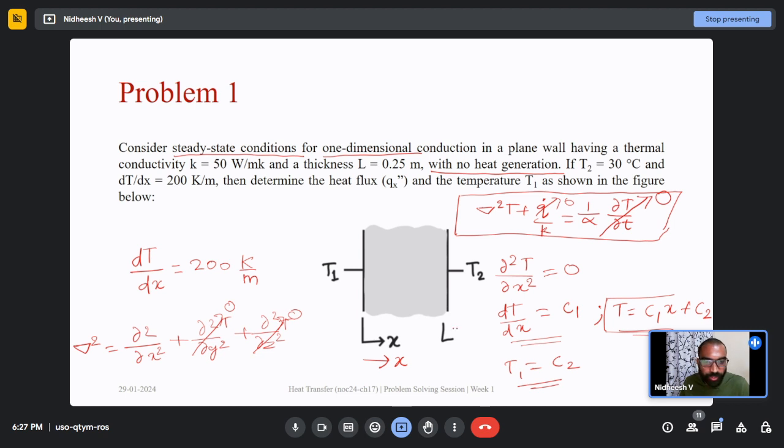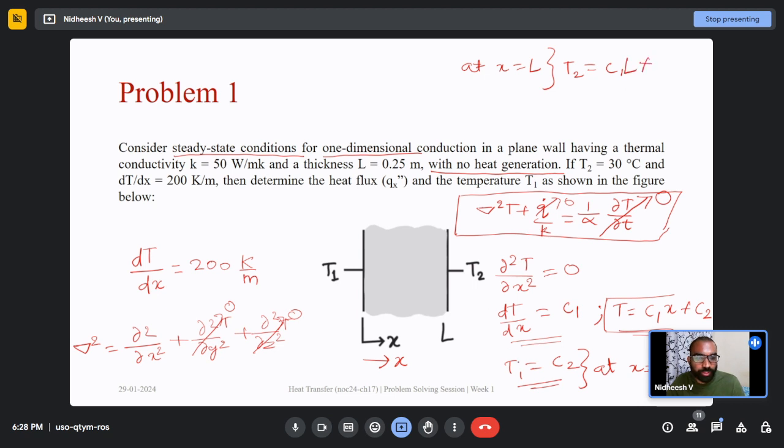Similarly, at x equal to L, the temperature becomes T2. So I am writing it here. At x equal to L, from this equation temperature T becomes T2, equal to C1 into L plus C2.